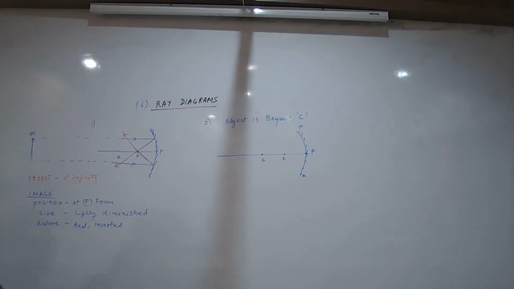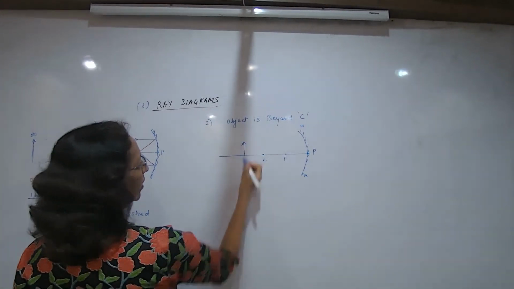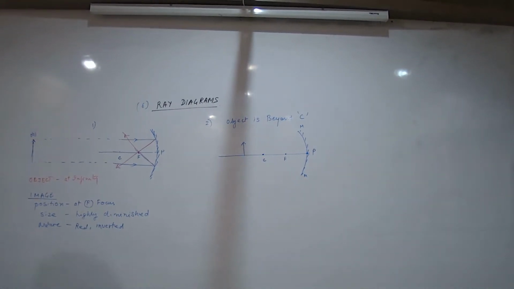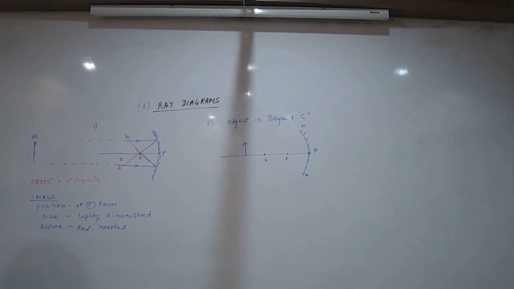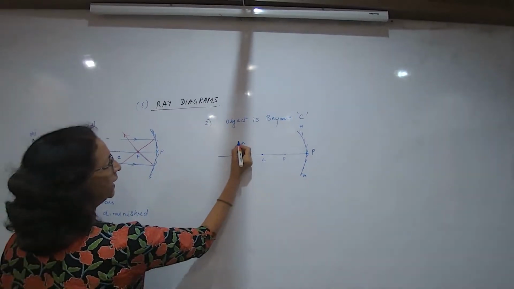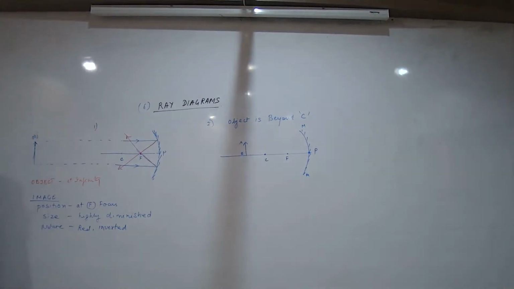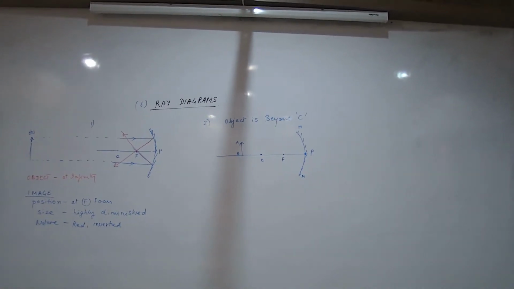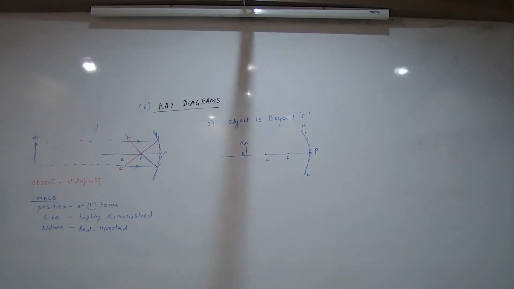Now let's say I have drawn that is my object. An object I'll show by writing A, B. Why am I putting an arrowhead? Just to understand this is your object.